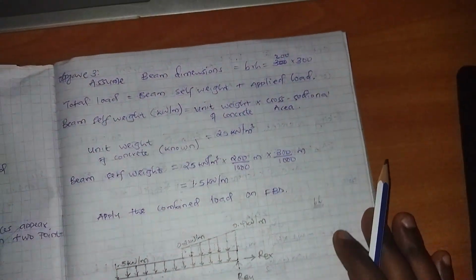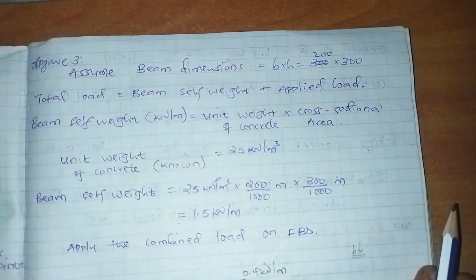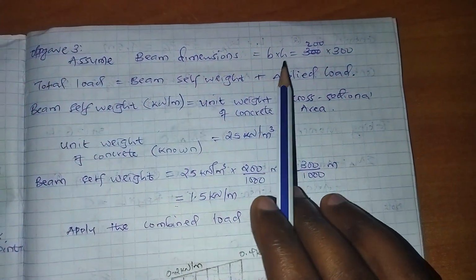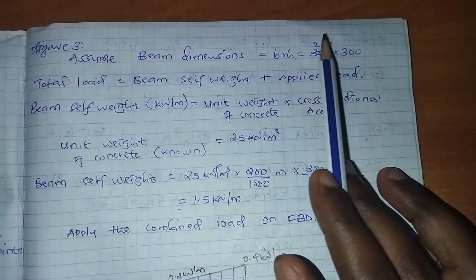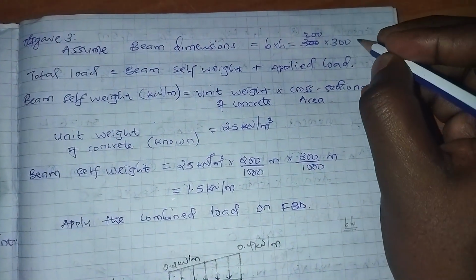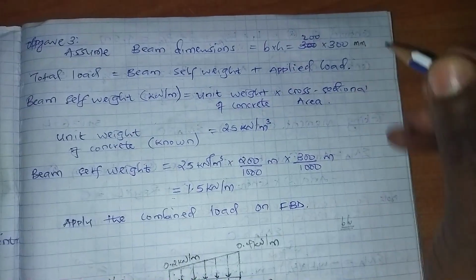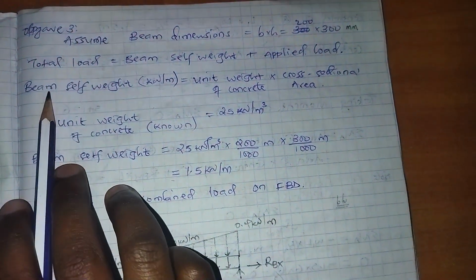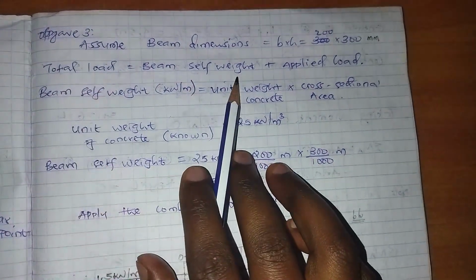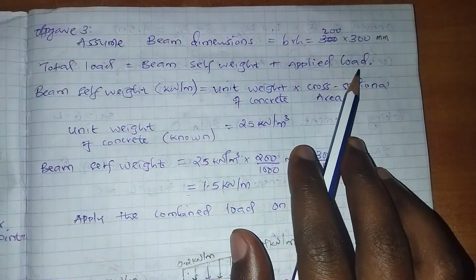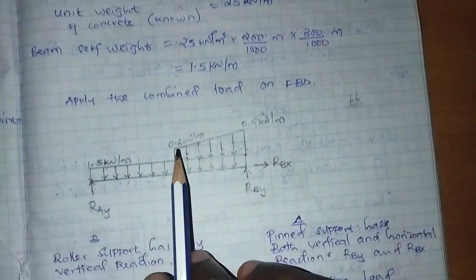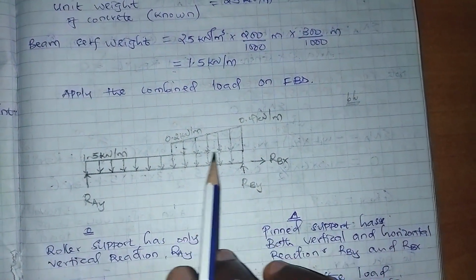So how did I go about it? I assumed that the beam dimensions B times H, that is the base, is 200 millimeters, and H is 300 millimeters. The total load that is carried by the beam is equal to the self weight of the beam plus the applied load, that is the load that we can see on top of it.